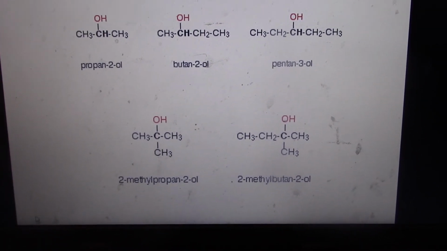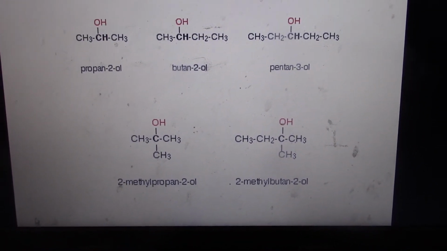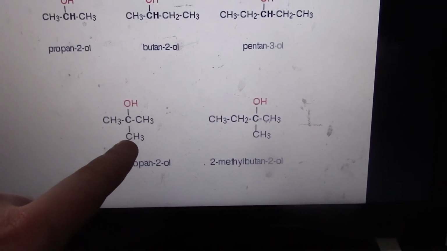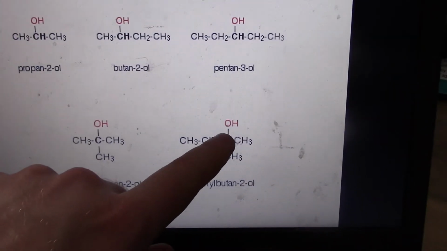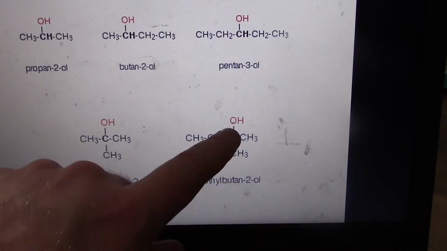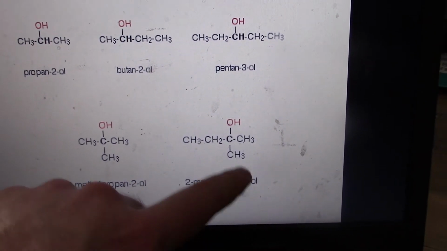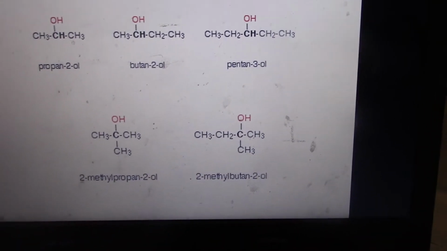With side branches, you can have a methyl group attached. Methyl group here, 2-methyl-butan-2-ol. So the 2 indicates where the hydroxide is. So if I give you another example here, let's look at this one.